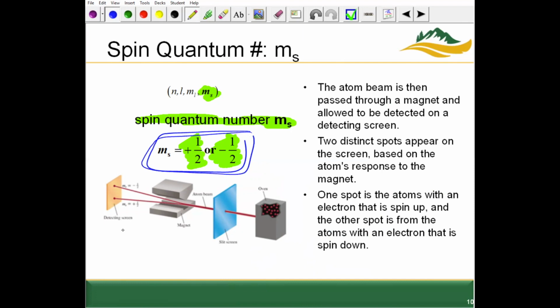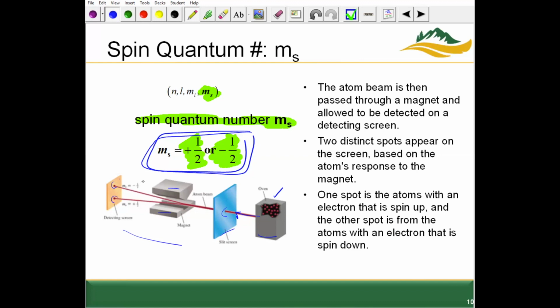To give you a very brief overview of how this was figured out, if we have an oven here that contains atoms, and an atom beam going this direction through a slit in this screen, it then passes through these plates of magnets. Then on this detecting screen, we saw two spots.